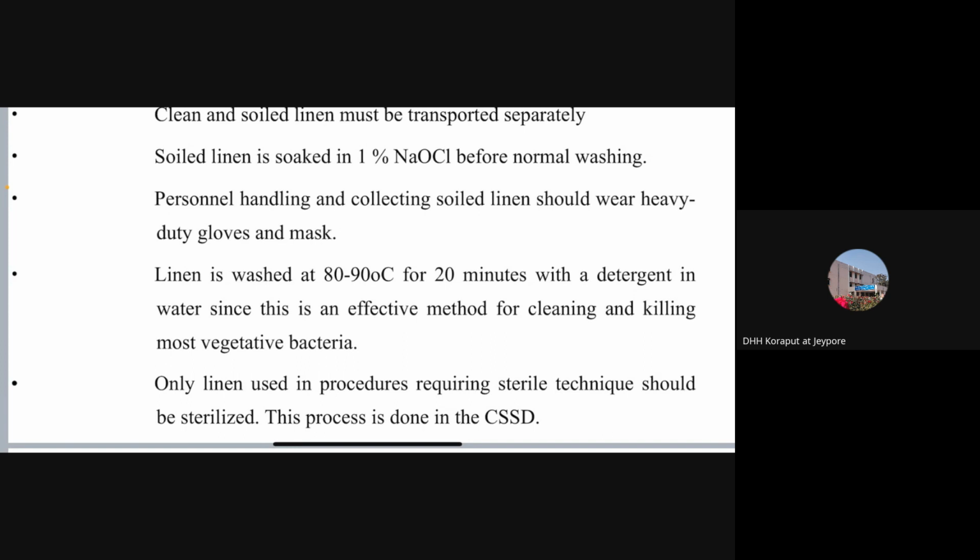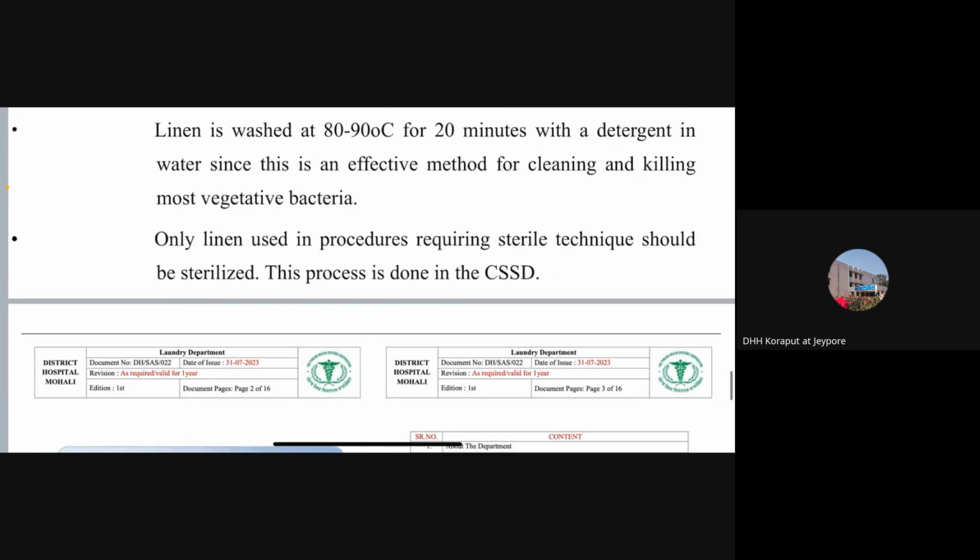Linen used in procedures requiring sterile techniques should be sterilized. Those hospitals which are NABH accredited, or JCI, have plasma sterilizers and a very good CSSD, the Central Sterile Supply Department, where all the linen, equipment and instruments are thoroughly sterilized, because CSSD is the backbone for any institute.